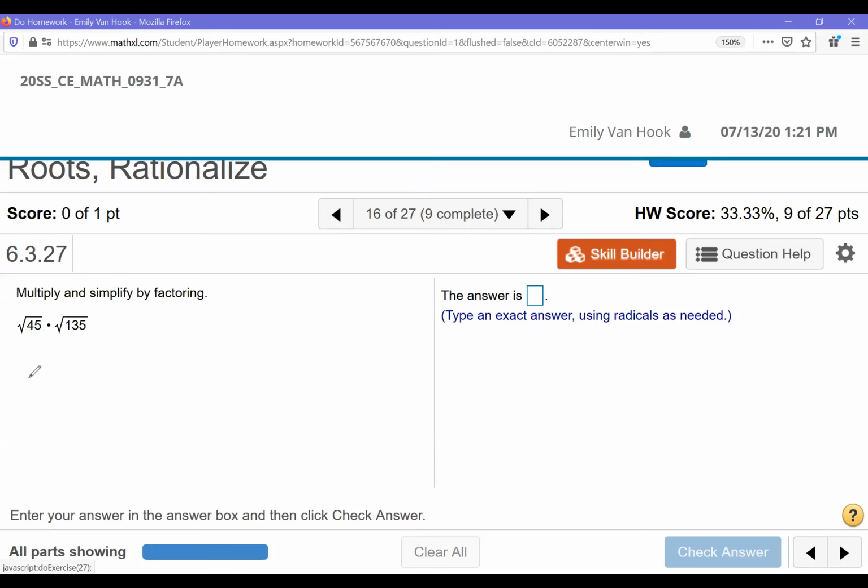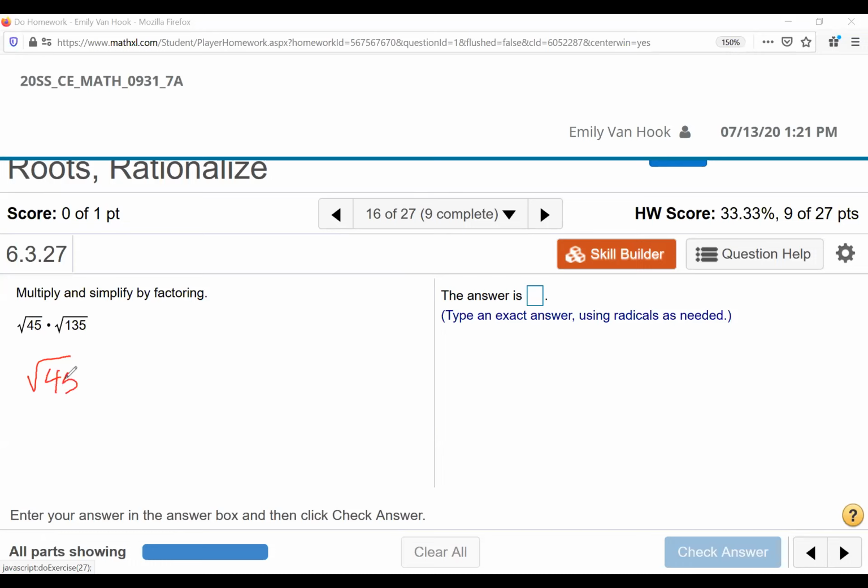So let's start with the square root of 45. We can break that down into the square root of 9 times the square root of 5, which is 3 square root of 5. Now 135, that's a bigger one. Let's see if I can divide that by, I'm thinking 5.